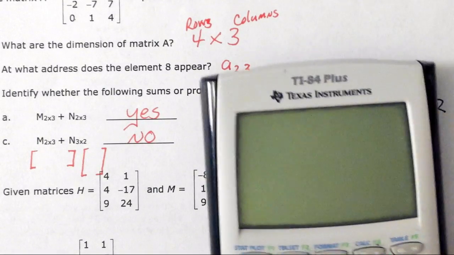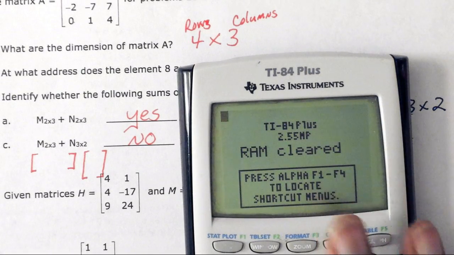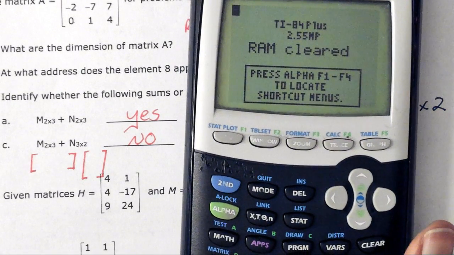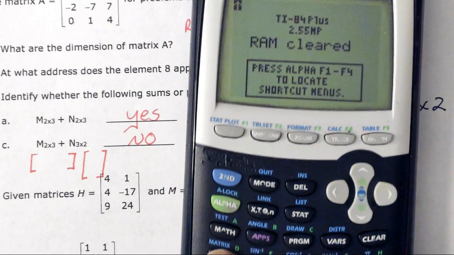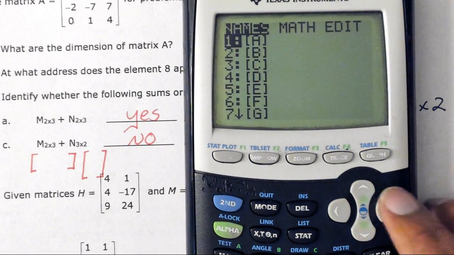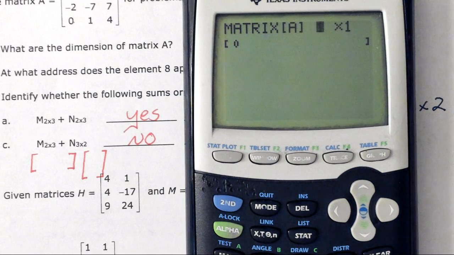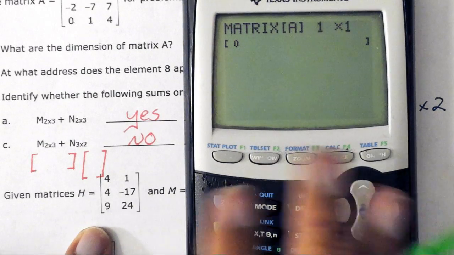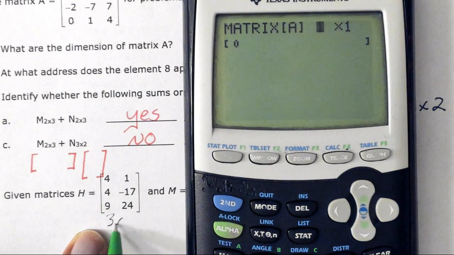So looking at this first example, I'm going to type in my first matrix and I'm going to type it into A. So again, I'm going to press second matrix, which is right here, and it takes me to this screen. I go over to edit, press enter, and now I enter my dimensions. The very first matrix I have here, that is matrix H, notice is a 1, 2, 3, a 3 by 2 matrix.